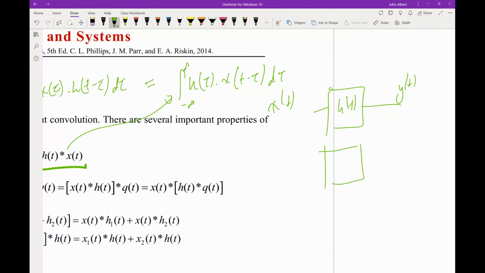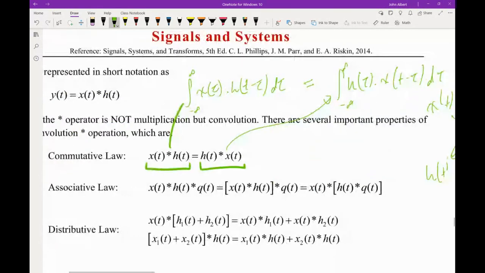Assume that you have another, completely different system, but that system has an impulse response, which I will call x of t. And I go and feed it with h of t, which is the impulse response of the first. Both systems will have the same output. Basically this says that if you convolve x with h, it's exactly like convolving h with x. It doesn't make any difference. This is basically what we mean by commutative.